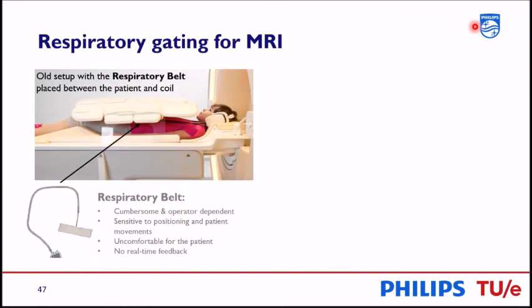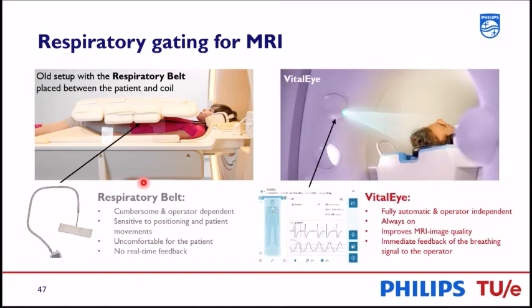The synchronization can be done by contact sensors, for example, the respiratory belt. This is already used in practice: the patient wears this respiratory belt to sense the body movements, and the respiratory signal is used to synchronize the scanning of the MR machine.